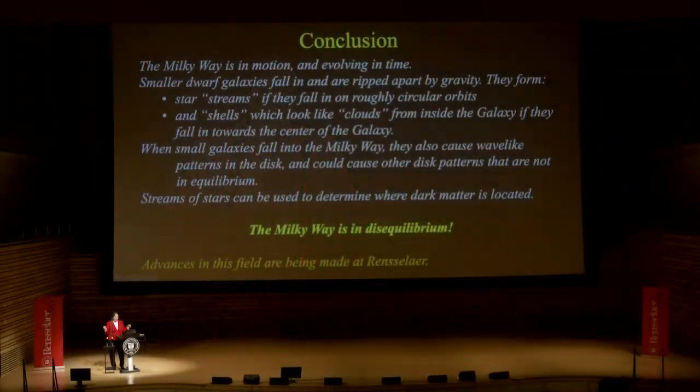But we've been given so much data that we can show that these simple models just aren't correct. So our galaxy is in a state of disequilibrium, and we're trying to use streams of stars to try to figure out where dark matter is. All right. And then the bottom line after this is that these advances are being made here at Rensselaer. And I'm going to stop right there.